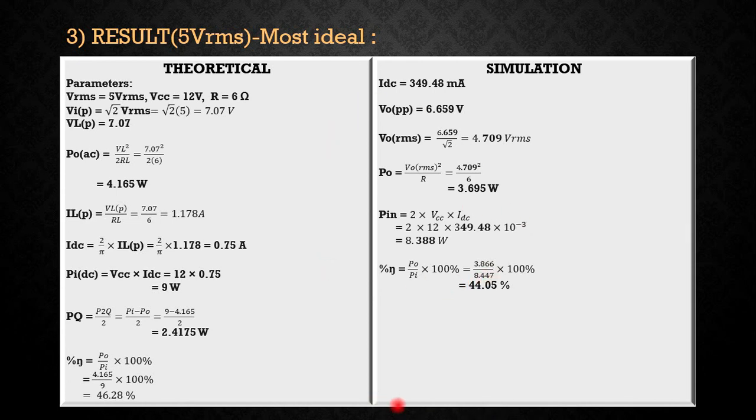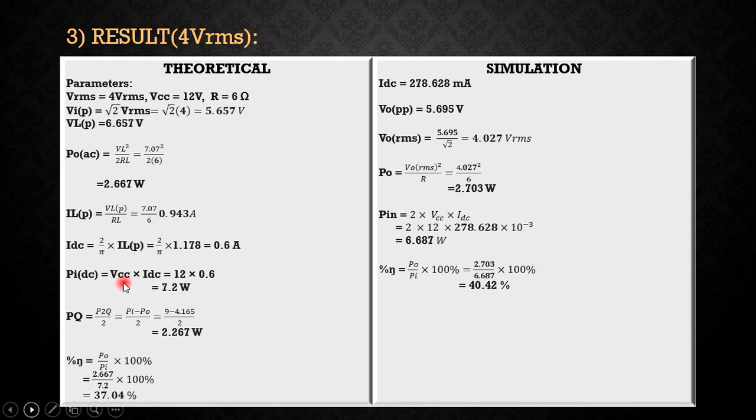For a class B amplifier, if the percentage you get is near 50%, it is ideal. So 5V RMS was ideal, but we still use other parameter values for comparison, which is 4V RMS, where the percentage for the theoretical was 37.04% and in simulation was 40.42%.